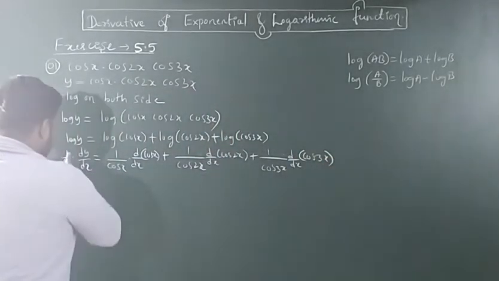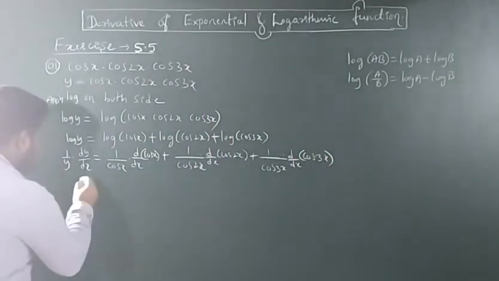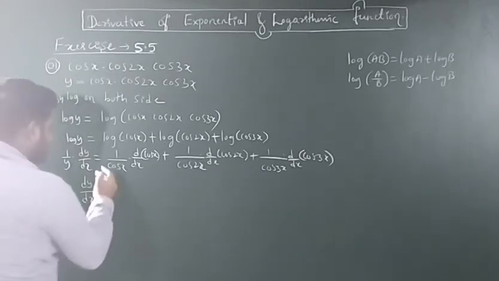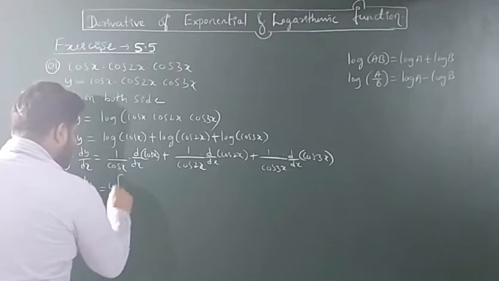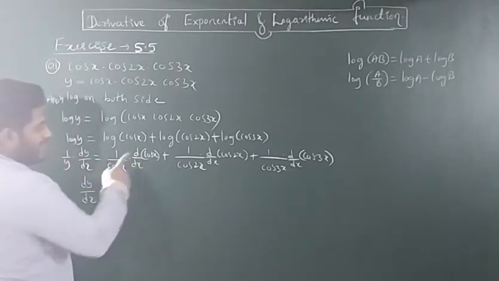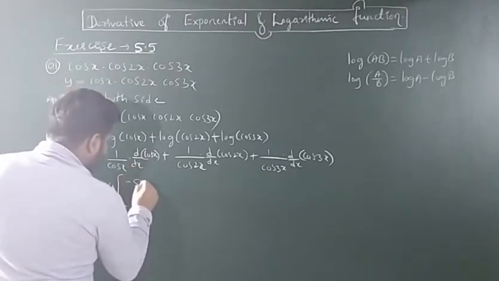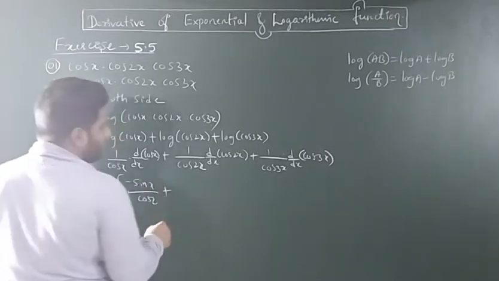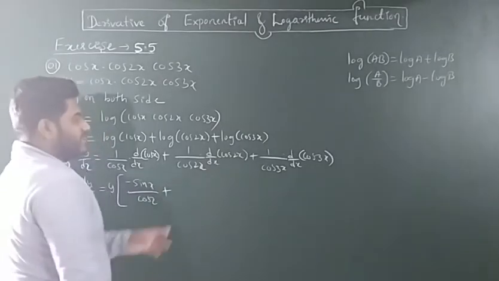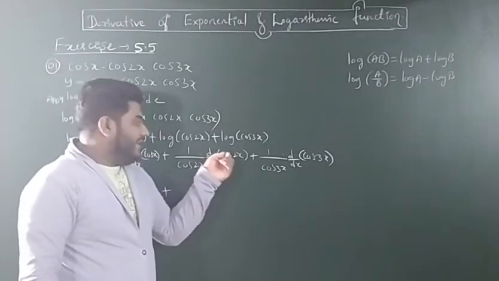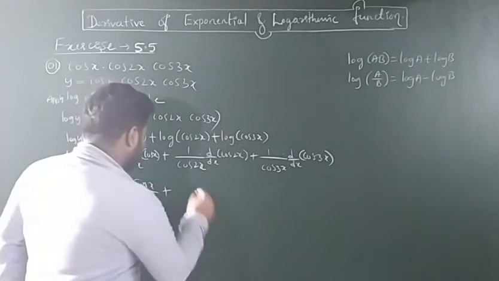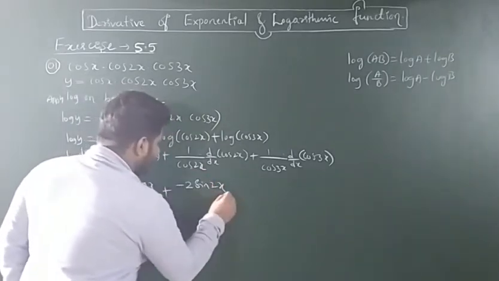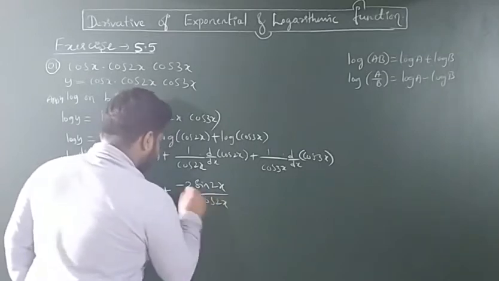Since 1 by y is there, if you take this y to the other side, it becomes dy by dx equal to y times the bracket, because whenever it goes to this side it becomes multiplication. Differentiation of cos x is minus sin x, so you write minus sin x divided by cos x, plus differentiation of cos 2x is minus sin 2x into differentiation of 2x which is 2, so totally minus 2 sin 2x divided by cos 2x.